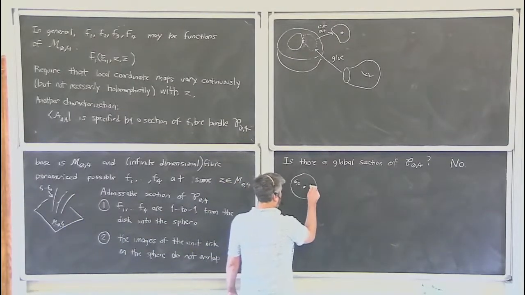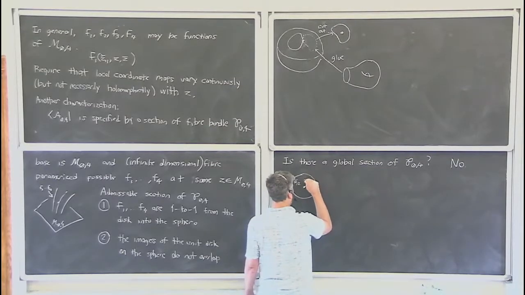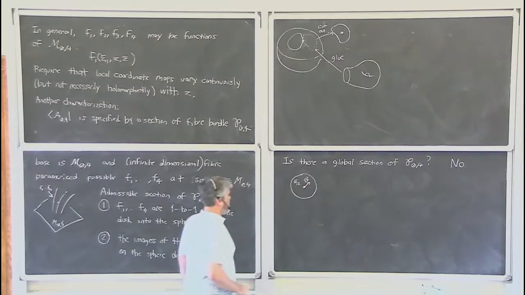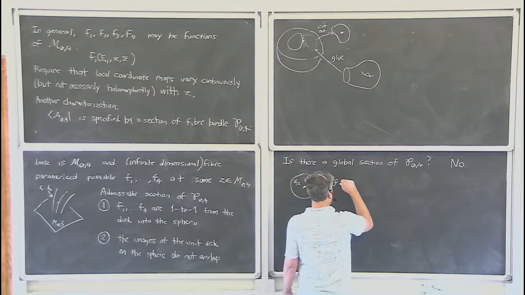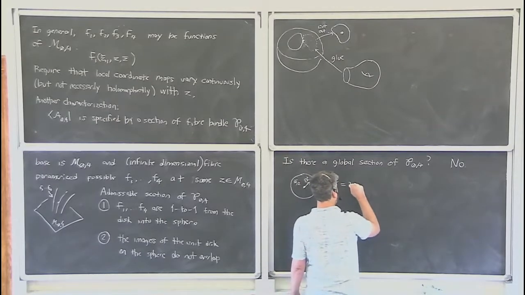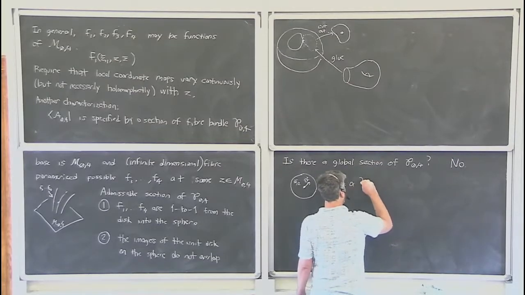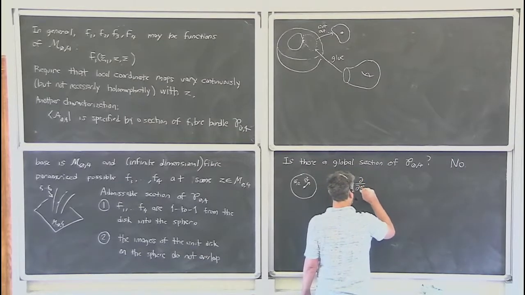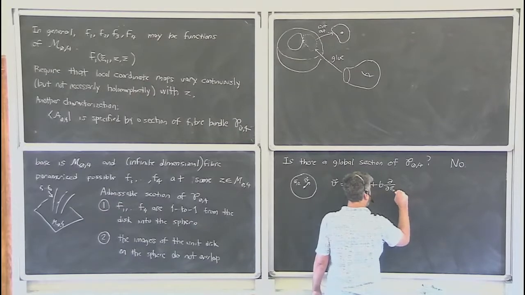And in this unit disk, we can consider a vector field. So we could take this vector field to be, say, for some constants a and b, a d by d xi 2 plus b d by d xi 2 bar.